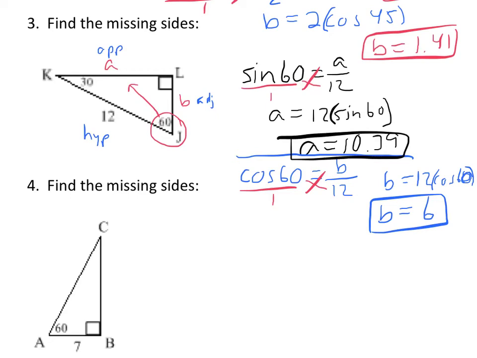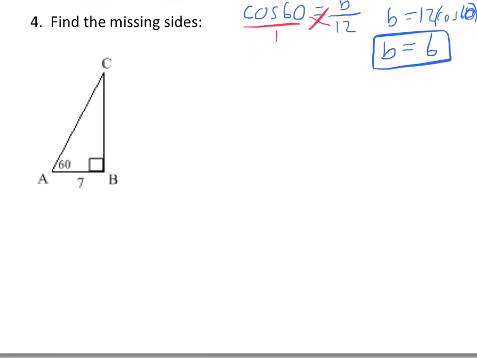All right, and our last one, we'll call this A and that B. Here we have one angle, we could figure out the other one, but we'll look from this angle. Now notice what we know and don't know.